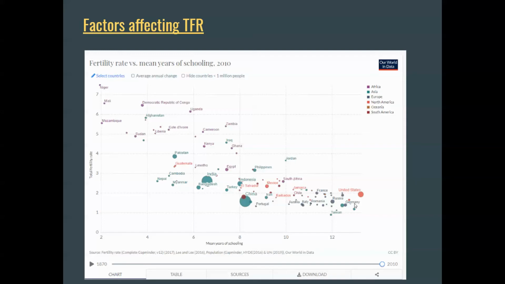If we look at all of these countries, on our horizontal axis we have the mean years of schooling for women, and on the vertical axis we have total fertility rate. So total fertility rate decreases as years of schooling available to women increase. The higher the rates of education for women, the lower the fertility rates. And that, again, is a very, very strong correlation.